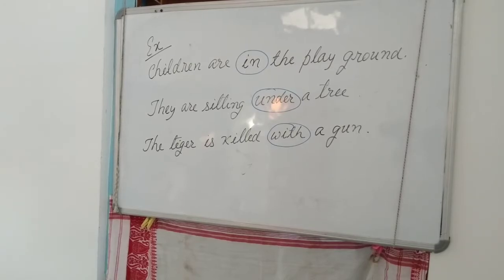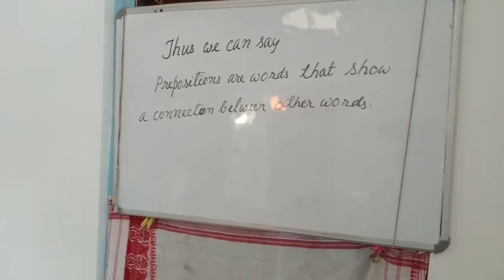Several of the most frequent prepositions used in English are of, to, for, with, on, by, at. They may have some complicated uses also, but we'll come to that later. Thus, we can say prepositions are words that show a connection between other words.